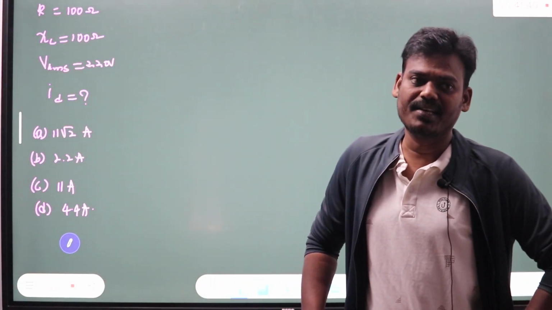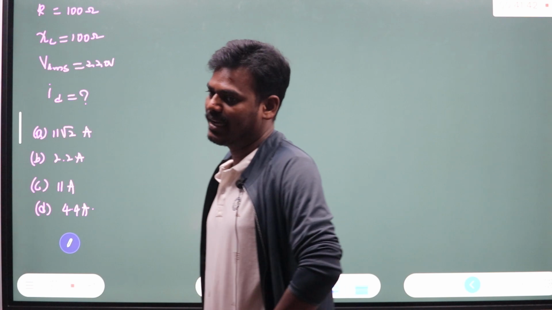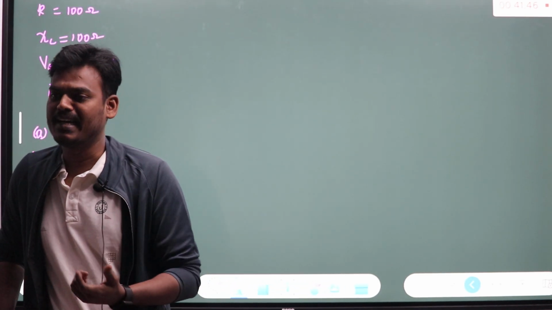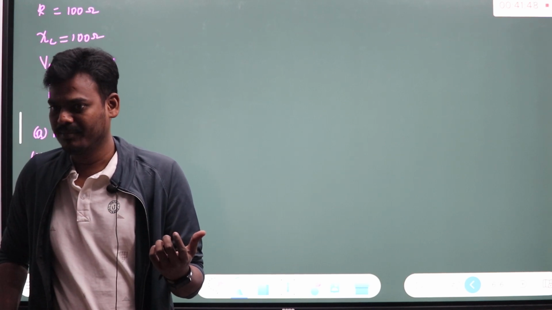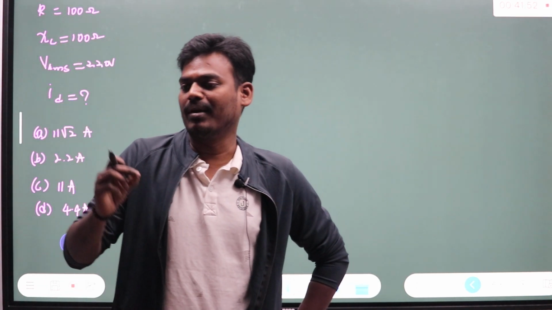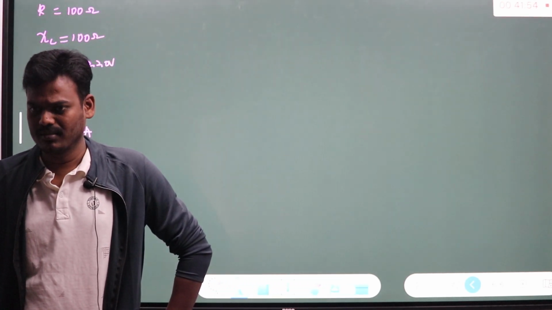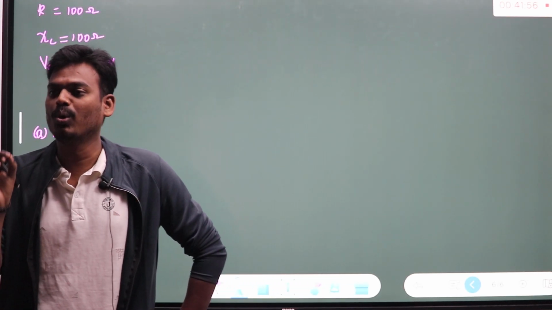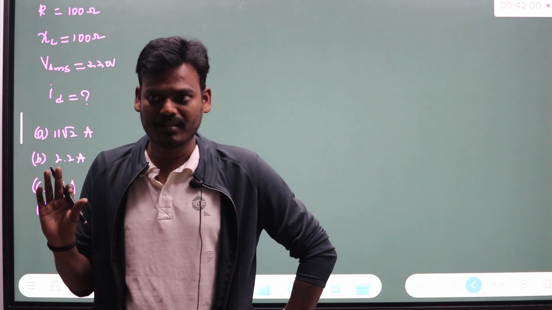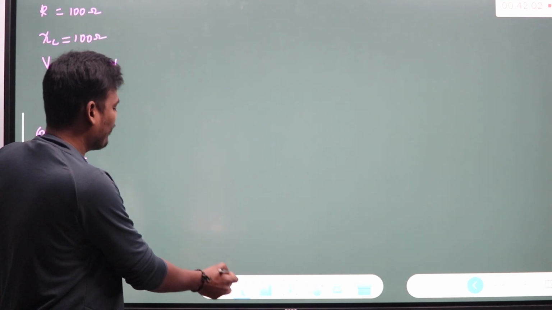But we have one more relation. What is that? Conduction current is equal to displacement current. Conduction current is nothing but, we already learned in EMI, IRMS, root mean square current. What is the formula given by?